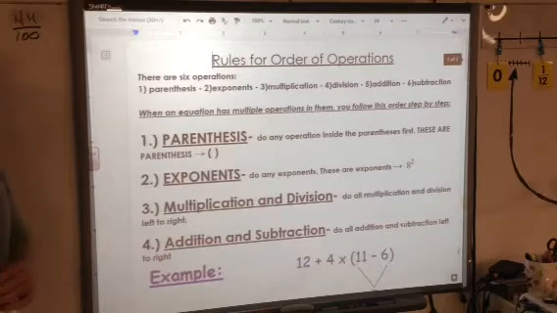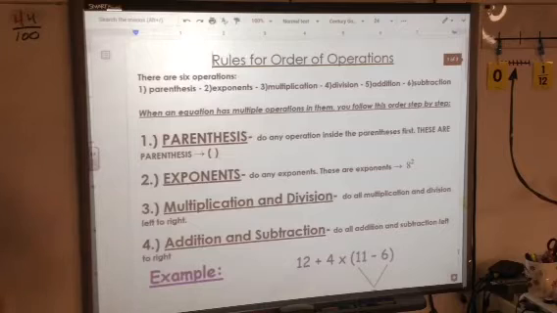All right, guys. The last few days, all of your assignments have been using these order of operations and solving or evaluating expressions. They give you the numbers, they give you the operations, and you solve it.